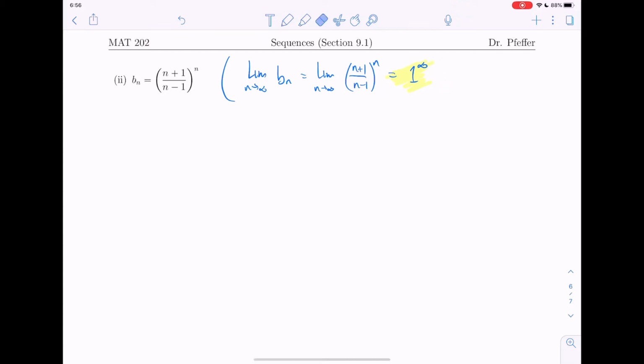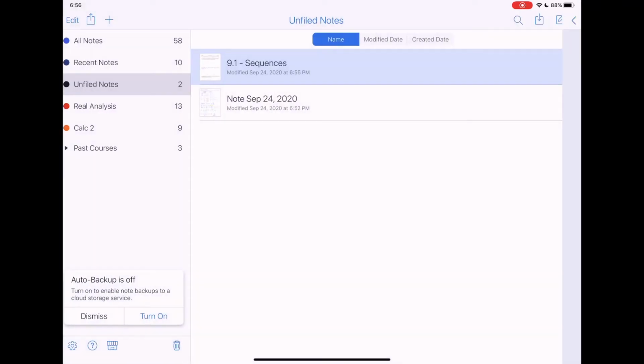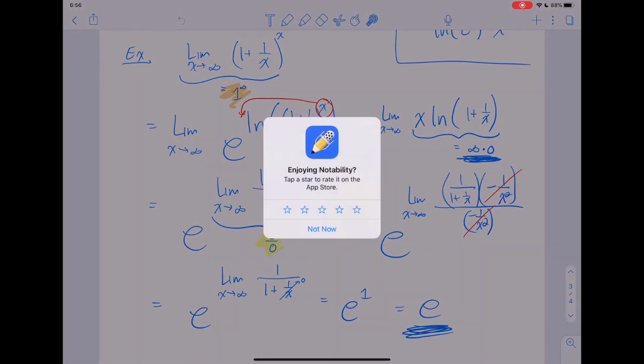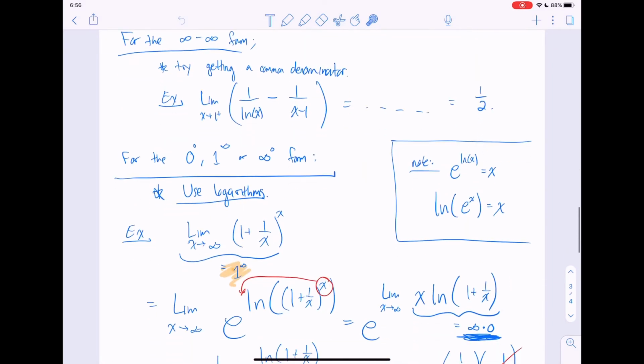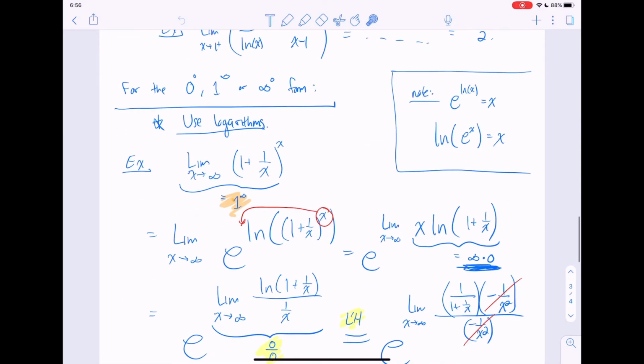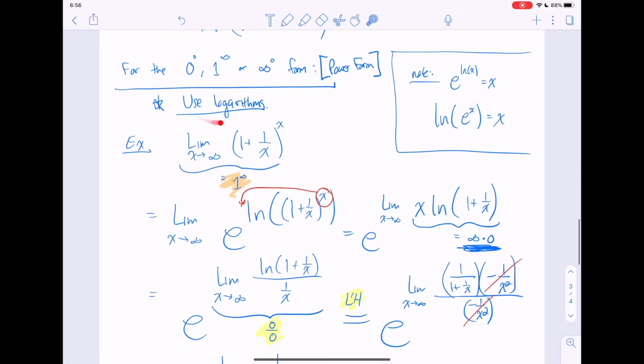So what that means is that we need L'Hopital's rule. And in this case, since it's of the power form, indeterminate form, which is this form right here, we might call this the power form, we know we need to use logarithms.